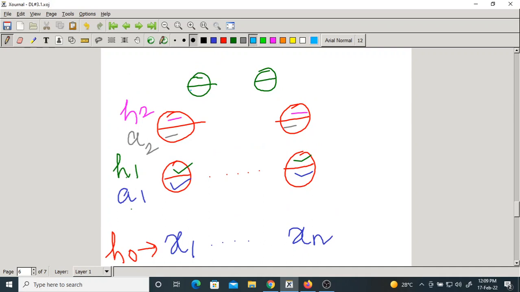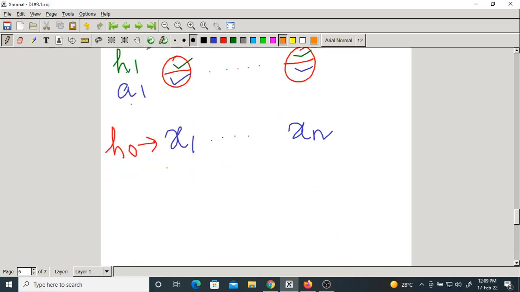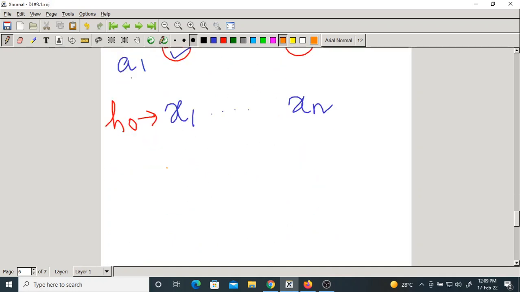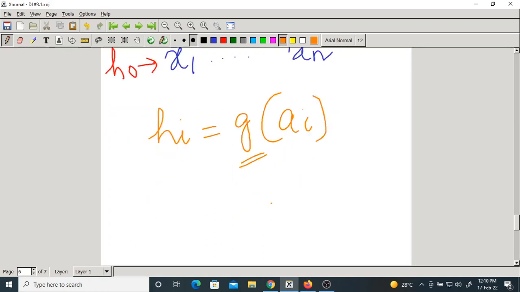So this is AL or A3, and this is h3 or hL. Okay. So what is hi? Equal to some function of Ai. g is called the activation function. But what is hL? That is the final output. That is O of AL. This is called the output activation function.